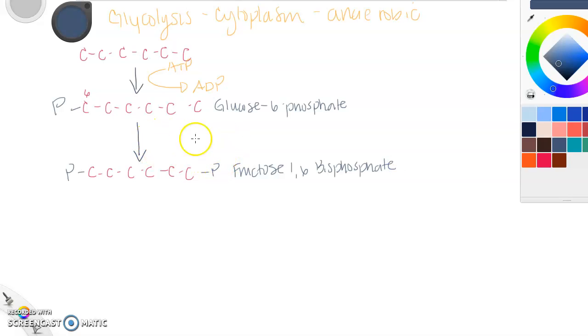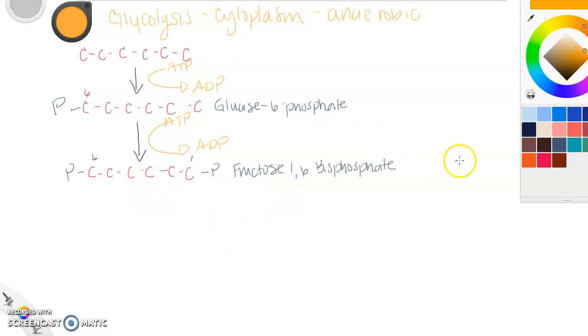Because the phosphates are on the 1st and 6th carbon. Again, we added another phosphate group, and we got that from ATP. So we used another ATP molecule, took the phosphate off of it, it became ADP, and we added it to these 6 carbons, producing fructose 1,6-bisphosphate.